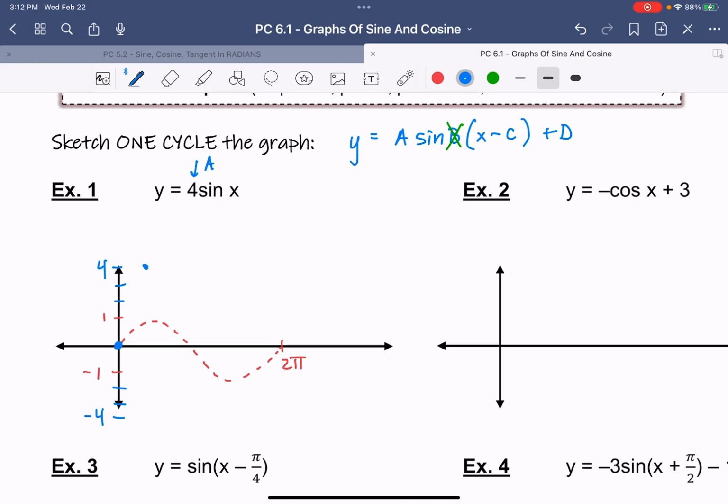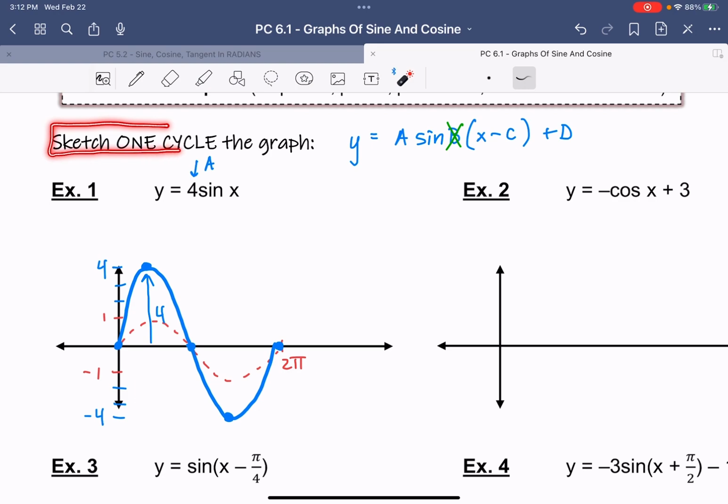So we're just having this vertical stretch, where that a value is 4. And this is all you need to do on your homework tonight, is we're practicing sketching one full cycle of the graph. Okay.